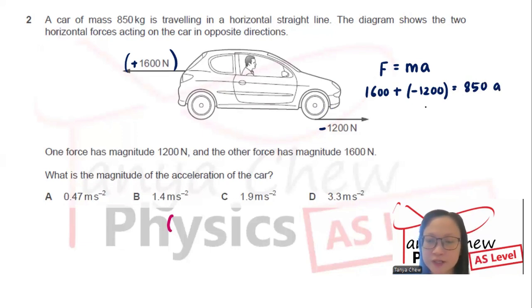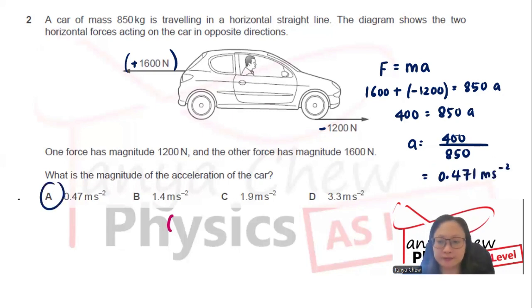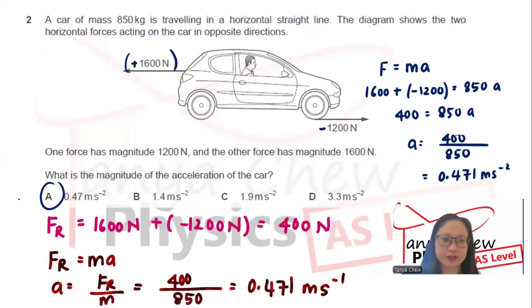So 1,600 minus 1,200 gives you 400 equals 850a. a is equal to 400 divided by 850. Your a should be 0.471 meter per second squared. Therefore, the answer is A. This is the solution.